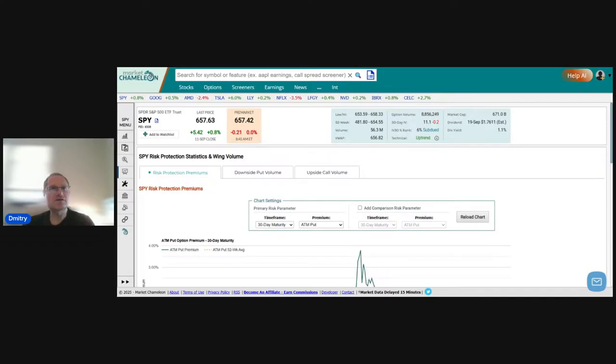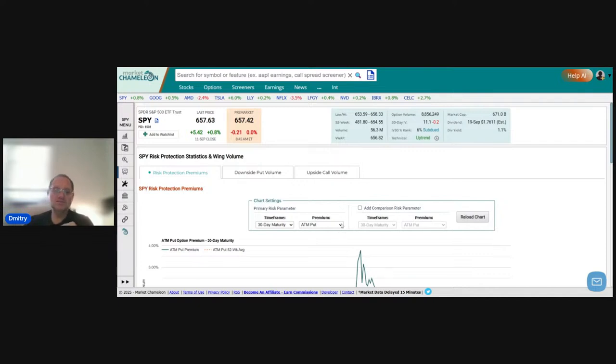Because if it's $10, $5 out of the money is 50% away. If it's $100, it's 5% away. So we want to define, well, how far away in percentage terms are we from the money?